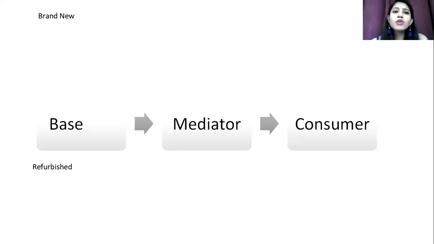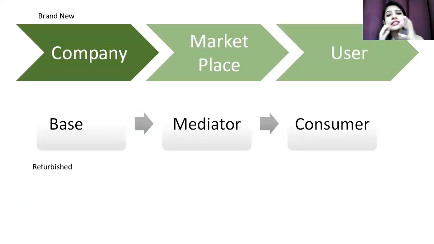If we talk about brand new, then the company is the base here, and you have the marketplace as the mediator, whereas the consumers are none other than the users. We are the consumers here.